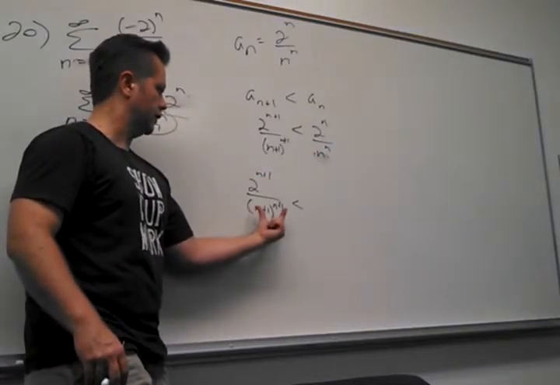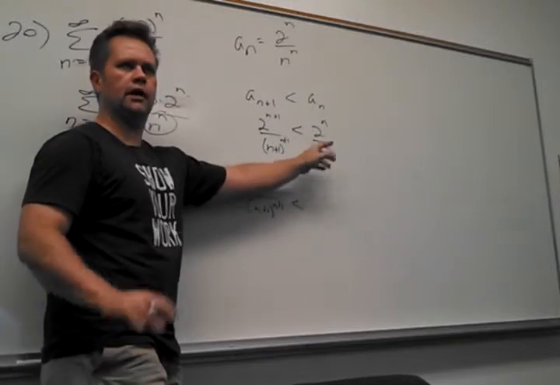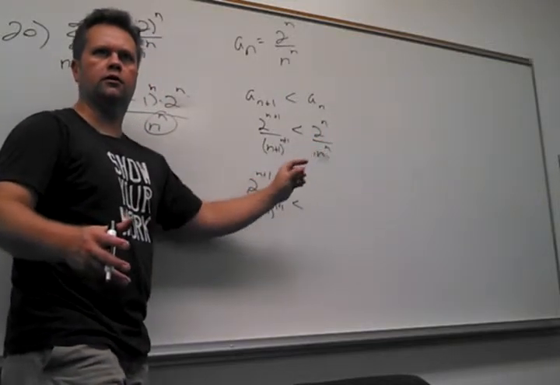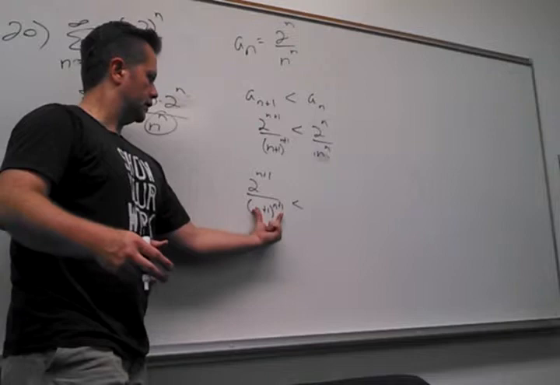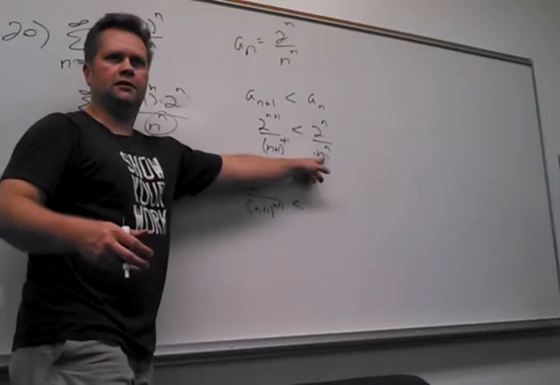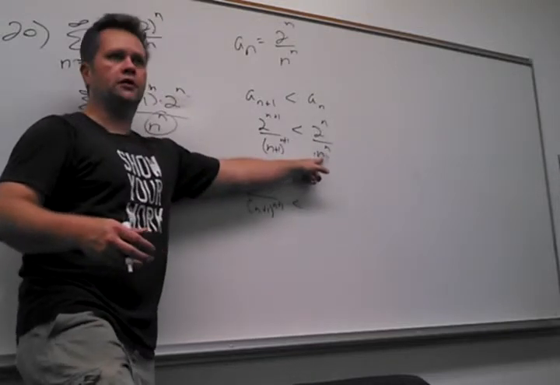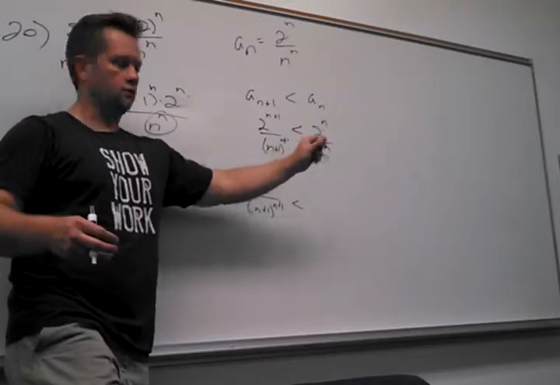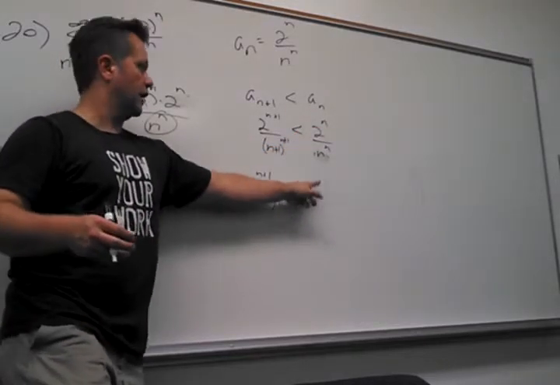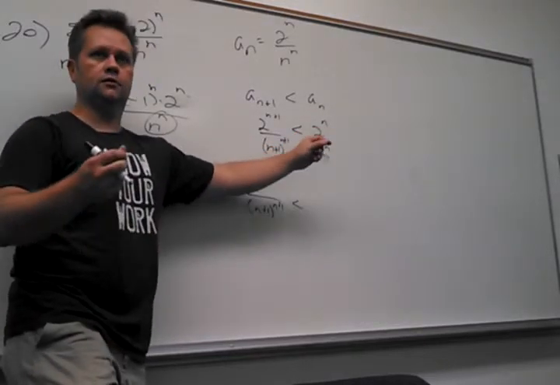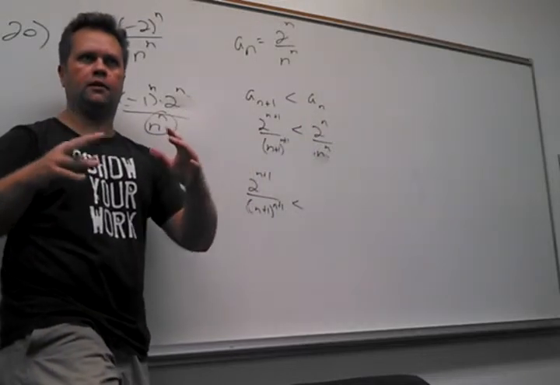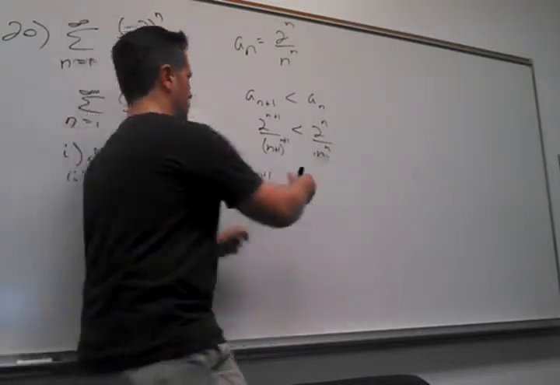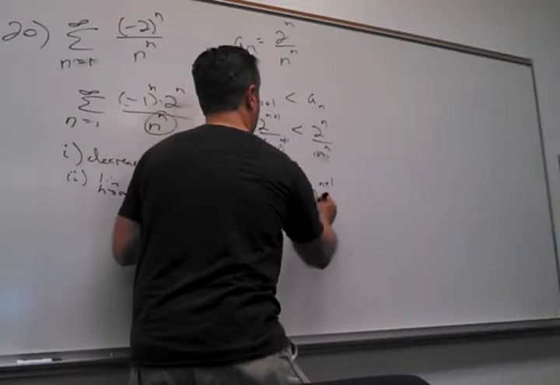If I replace this bottom with that, how does that relate? Will it get bigger or smaller? Is this bigger than that? Yes. So if I replace this with that, the whole thing is going to get bigger, because I'll be dividing by less. We've seen that happen a lot of times, especially in direct comparison tests. So this is definitely true here.